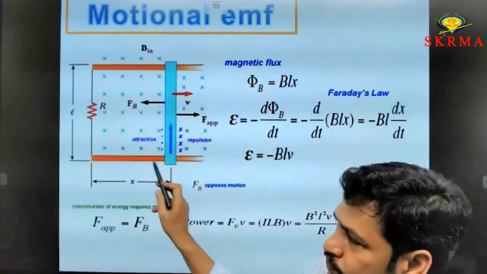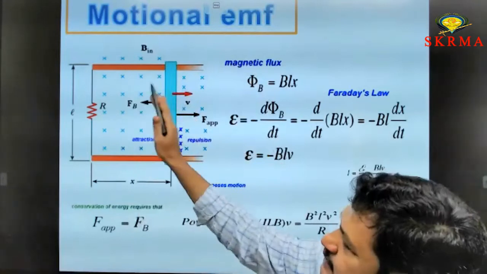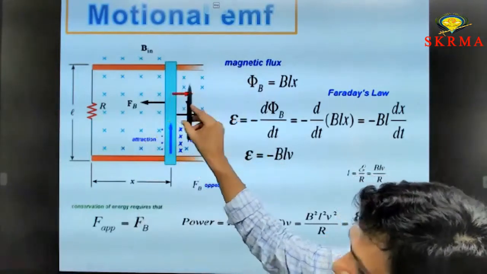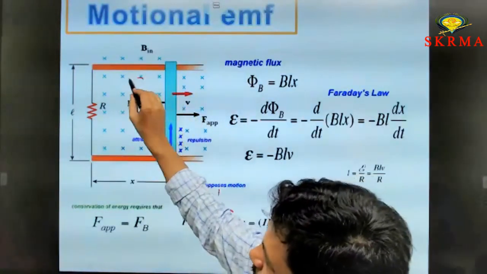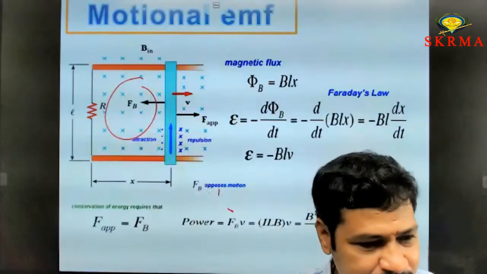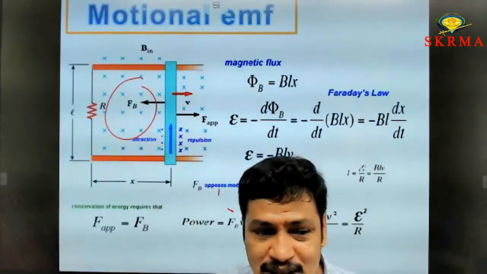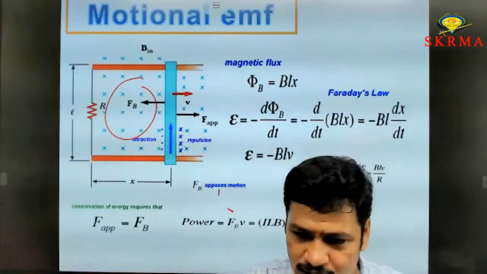This is the loop. The EMF is generated by virtue of changing its area by moving this rod of length L. Whenever you move the rod, the area covered inside the loop changes. Whenever the area changes, the flux linked with that area changes.